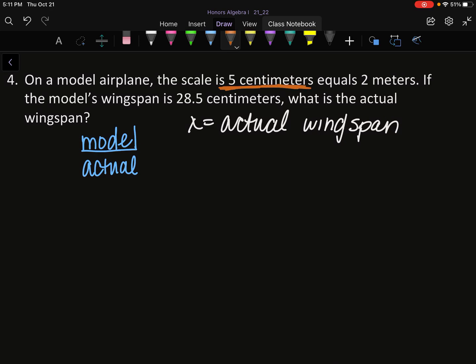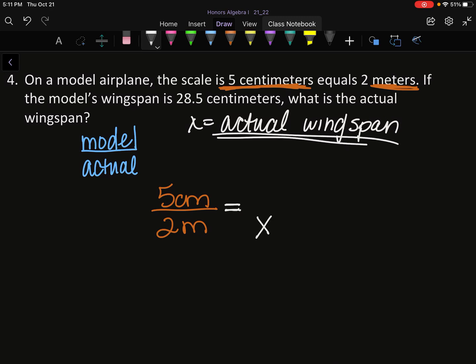A model airplane is 5 centimeters equals 2 meters. So the model's 5 centimeters and the actual is 2 meters. And then we set it equal to, we don't know the actual wingspan, so that's X. And then it says that the model's wingspan here is 28.5.